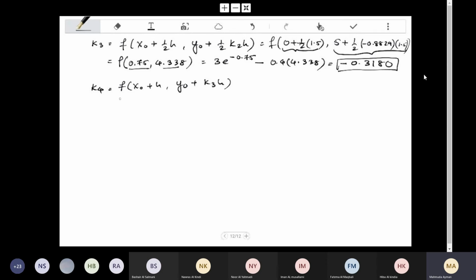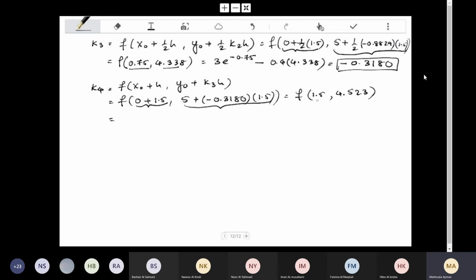This is equal to f of x0, which we know as 0, plus h is 1.5, comma, y0 is 5 plus K3, the value that we just got, minus 0.3180 times h is 1.5, and if you calculate you'll get 4.523.